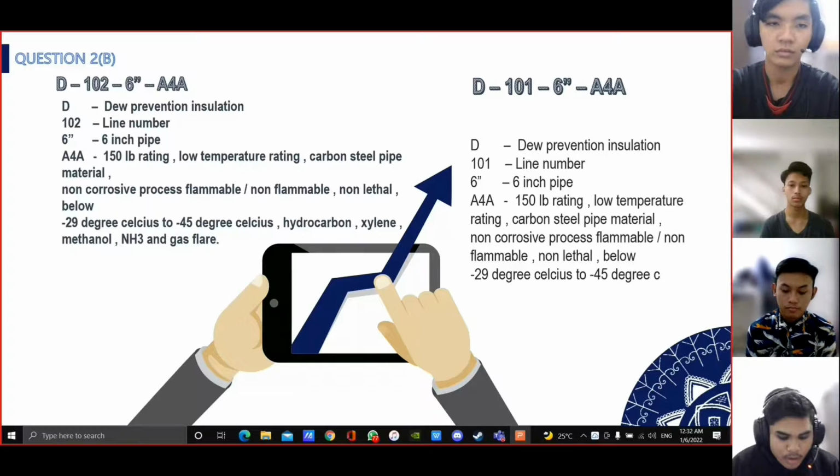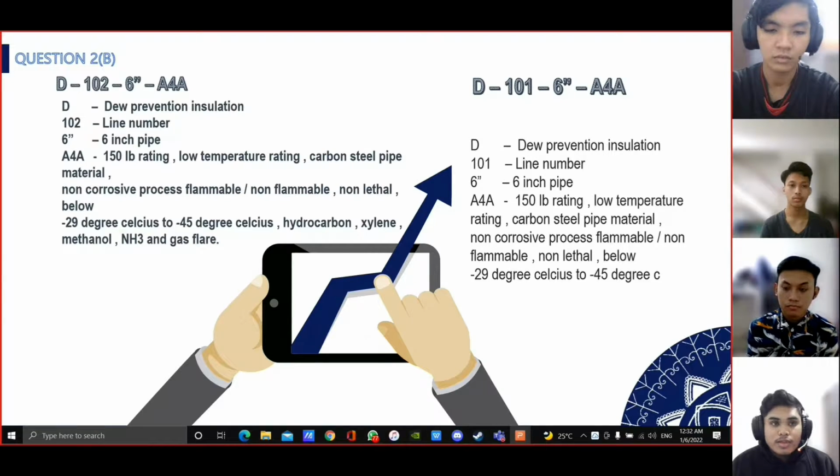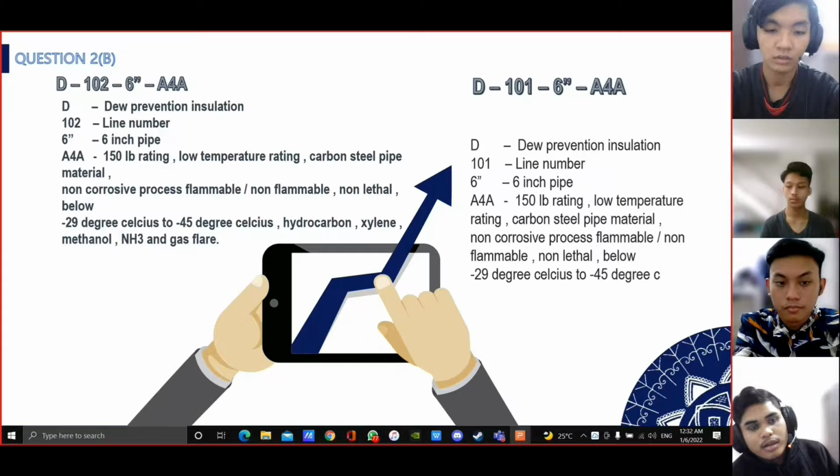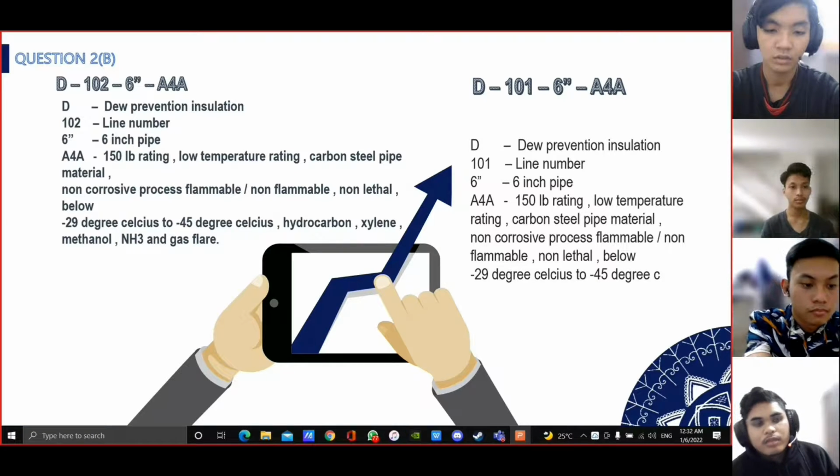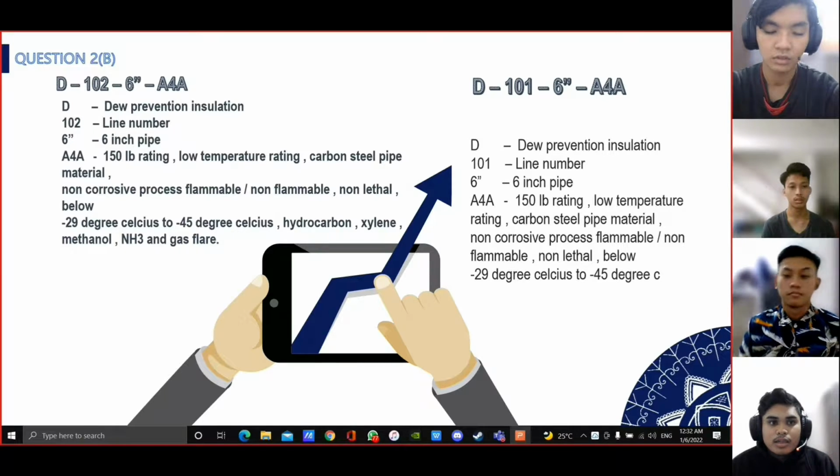For question B, describe the piping identification system used in the diagram. First, D102 6-inch A4A. D means for dew prevention installation. 102 is the line number. 6 inch is a 6-inch pipe.